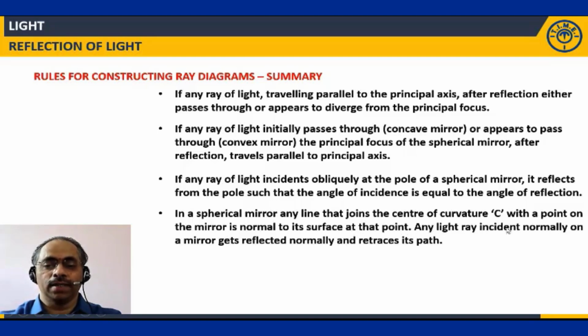So any light ray incident normally on the mirror gets reflected normally and retraces its path. In such a case, what is happening? The angle of incidence is equal to 0, so the angle of reflection is also equal to 0. That is the reason the light rays are retracing their path.